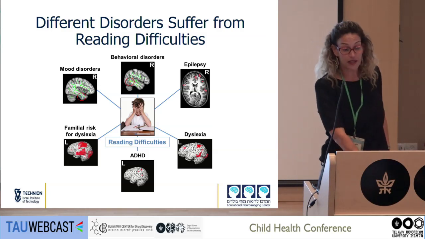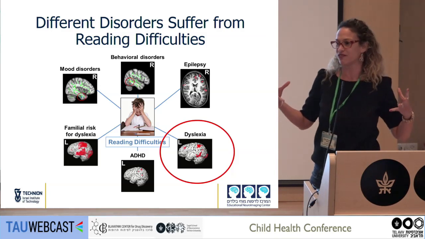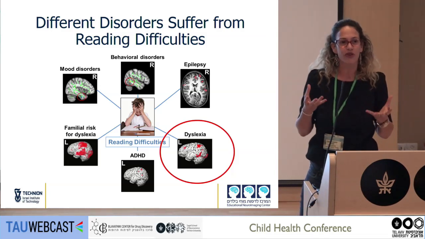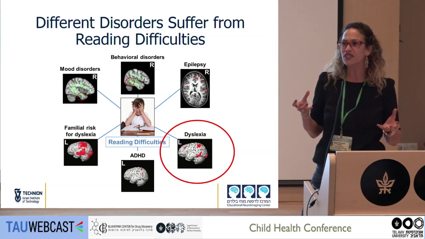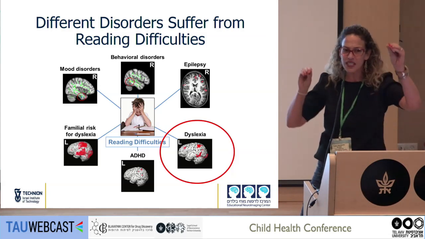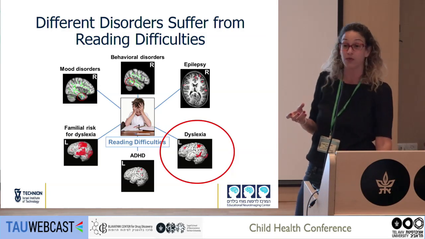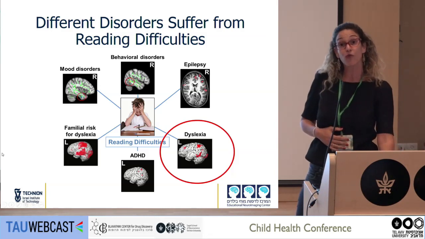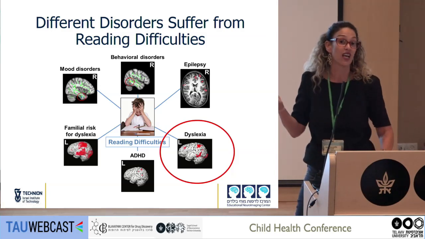And if you think about it, it makes sense, because if the brain has to engage so many regions, like an orchestra, in order to read and to do this intuitive ability, then different problems in different spots in this matrix can eventually result in reading problems. So we're not just talking about children with dyslexia, as we would think of someone who has reading problems, he has dyslexia.